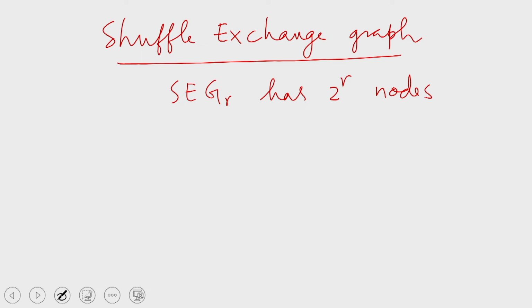We assume that the nodes are numbered consecutively using binary strings starting from all zeros to all ones. So, there are 2 power r binary strings of this sort. So, the nodes are labeled in this fashion, and using these labels we can define the adjacency of a shuffle exchange graph.